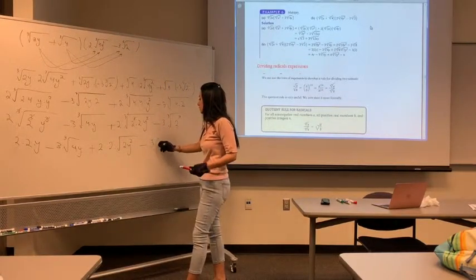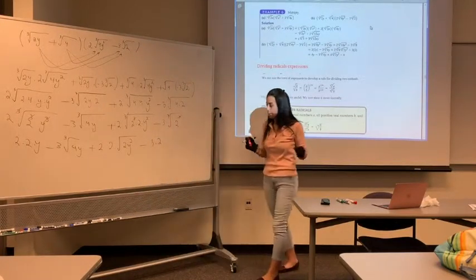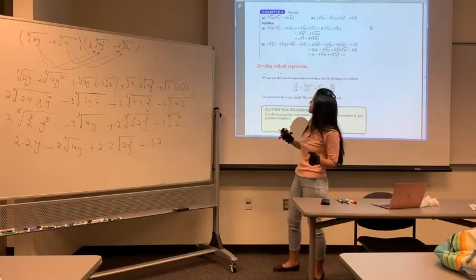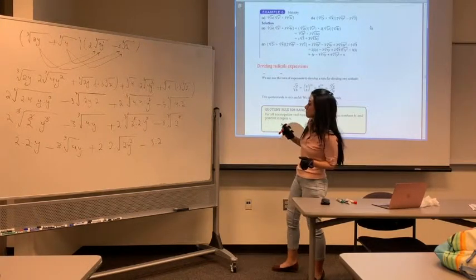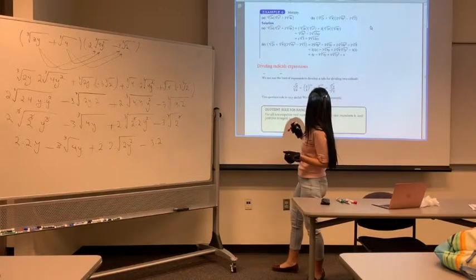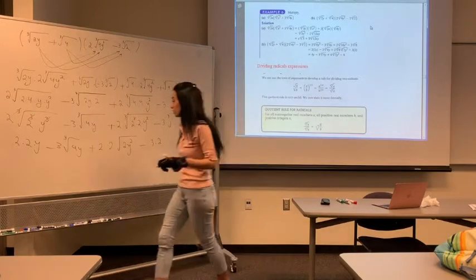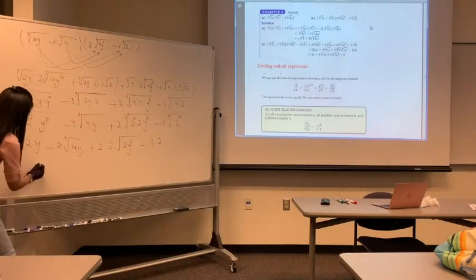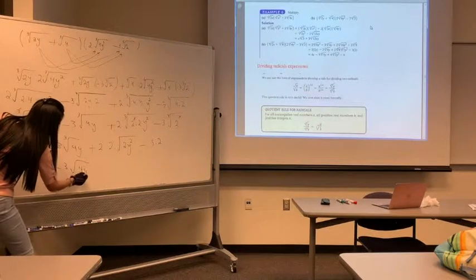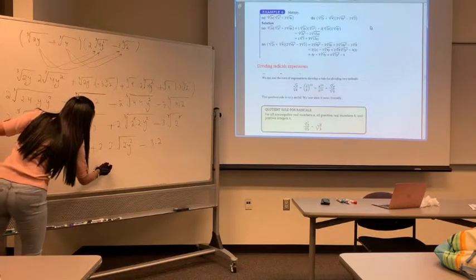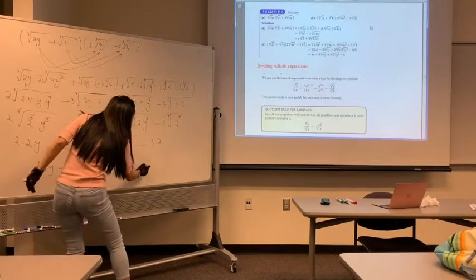And then, okay. Good. So 4y minus 3 radical 4y plus 4 radical 2y squared minus 6.